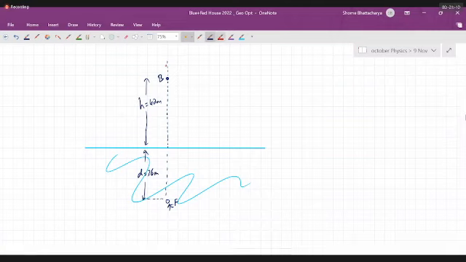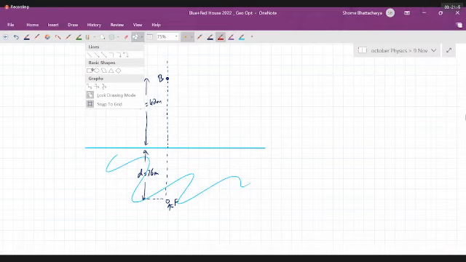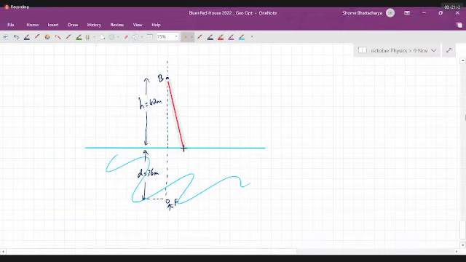Now the rays of light will bend towards the normal. So when you produce them back, they appear to be coming from a point which is further back. So the bird now appears to be at a point like this.